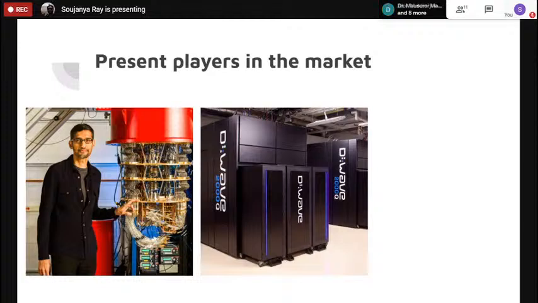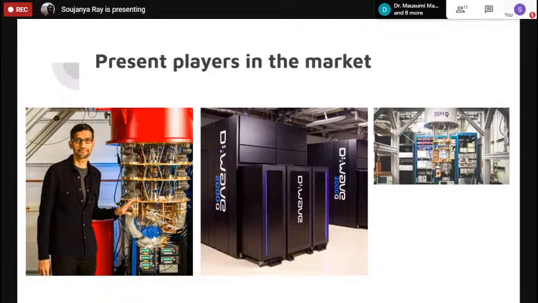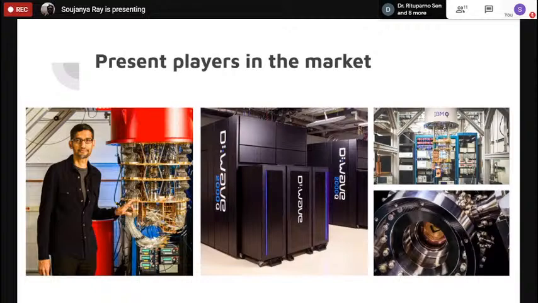And there is IBM, which we already saw, and recently Honeywell came up with a quantum computing system. These are the present big players, and many customers are pitching in money, buying systems, and helping them research and develop more quantum computers.